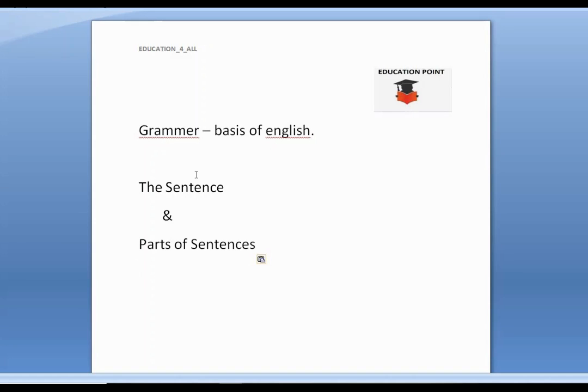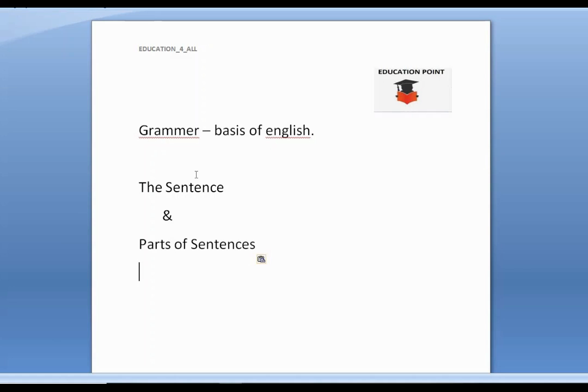I'm sure that after completing this session, you will easily be able to understand the sentence and the parts of the sentences. So, before waiting for anything, let's begin.